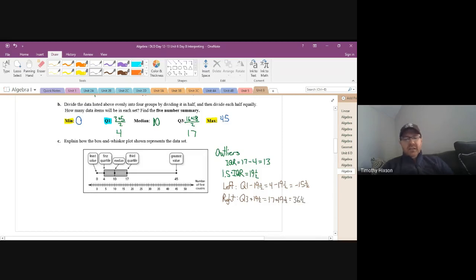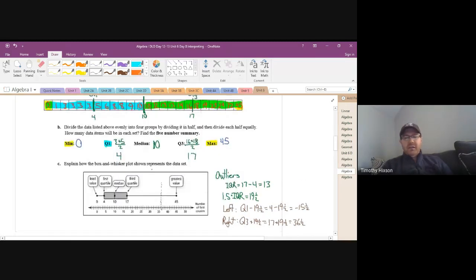So what that means is that our outliers, here's 35, here's 36, anything above this value is an outlier. Okay, so if I look back here at my data, I notice that 45 is the only value that is an outlier. Okay, that's an outlier.